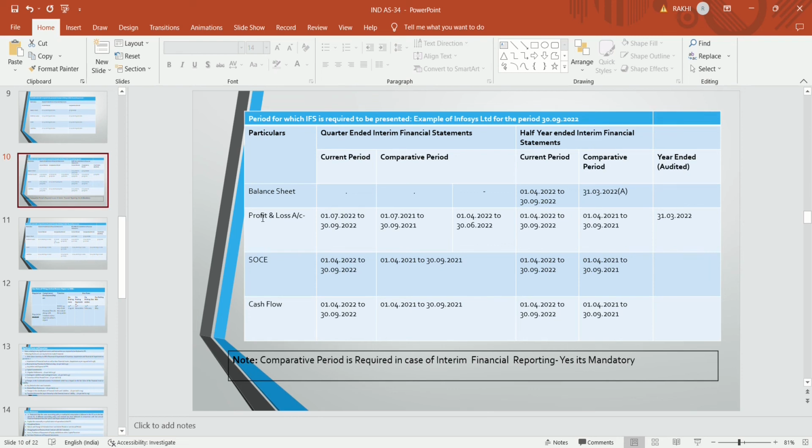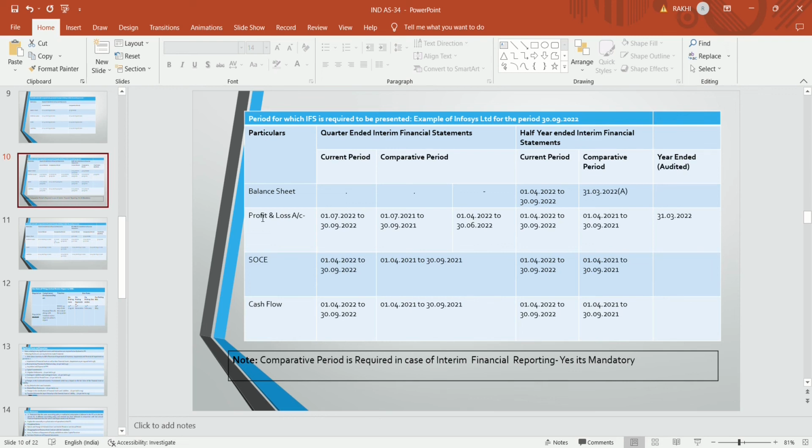In half yearly, meaning 6 months reporting, they are required to give figures from 1st April 2022 to 30th September 2022, and as the comparative figure they are required to give last year's half year reporting, 1st April 2021 to 30th September 2021.